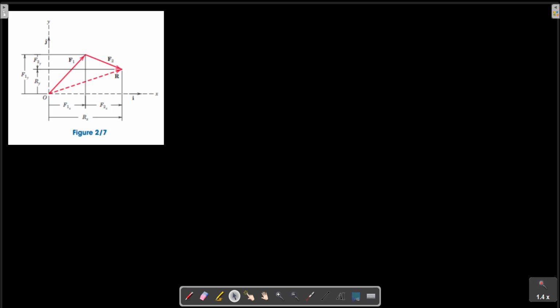F1 and F2, which we can show in vector form, F1 and F2.